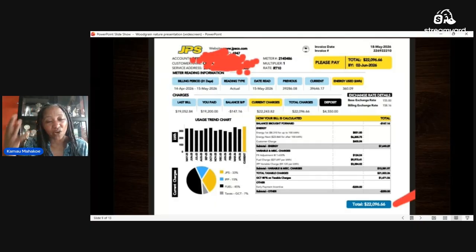Now, right now, the US dollar is about 155 to 1. The billing exchange rate, JPS calculates it at 158.16. So this means that the US dollar was $155 when JPS set the prices, but $158 when they made the bill.